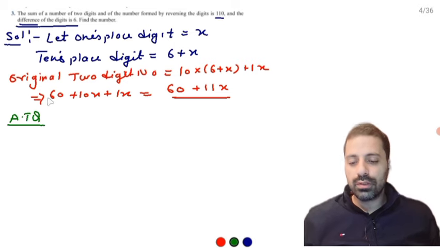Now according to the question, what is given?